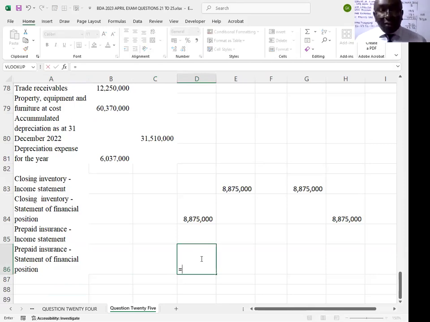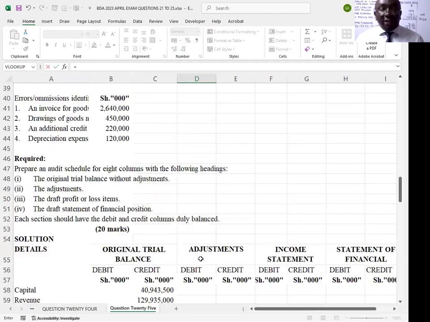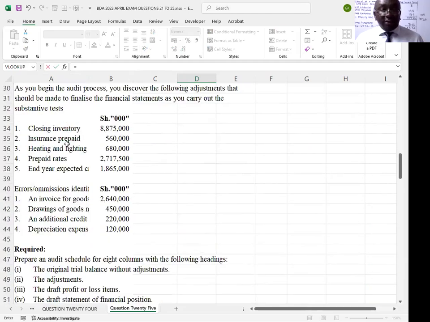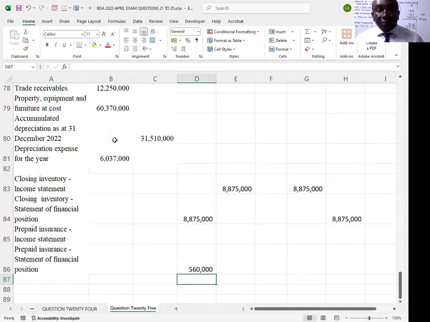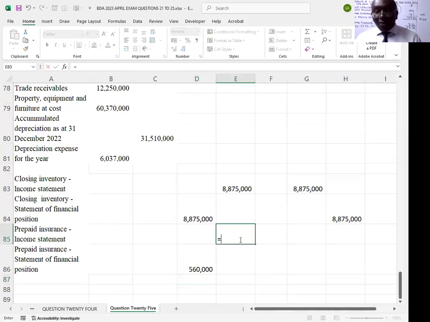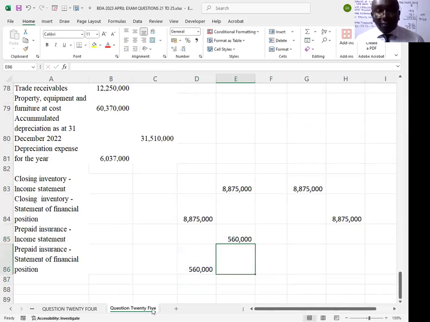So I say equals, nikibia hapo juu, I take that amount. This one. Then I credit here the one that will go to the income statement. I credit.